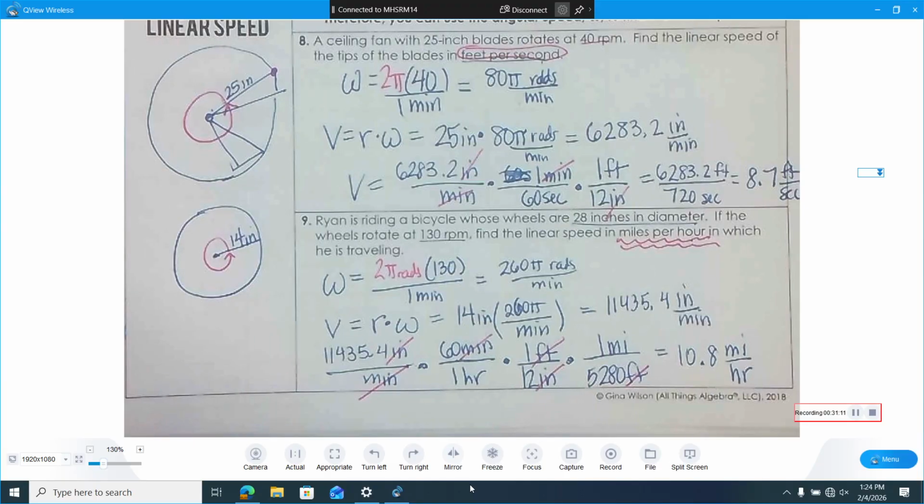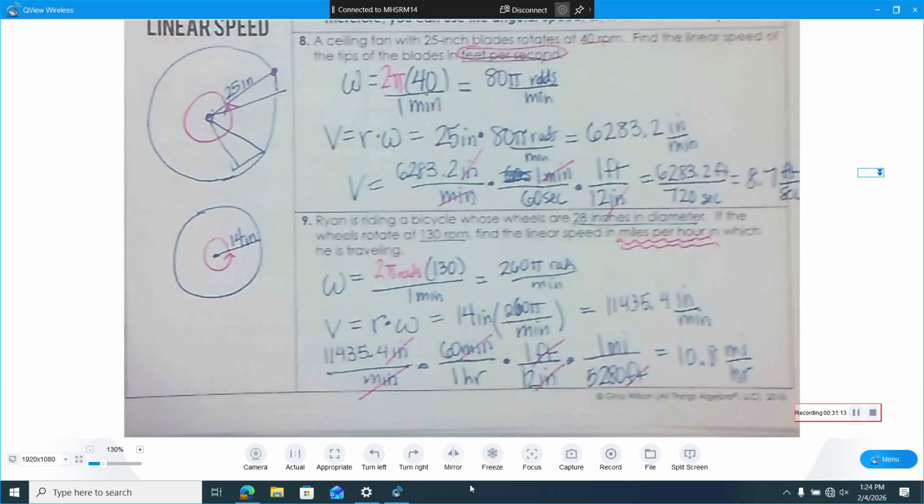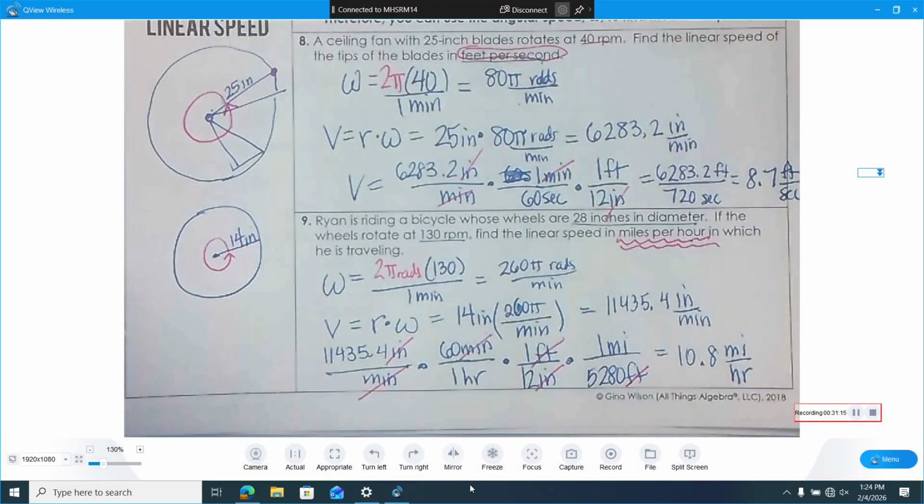All right, how do you feel? Is that okay? Yeah. All right. The unit conversion is good. It's horrible. It's really bad.